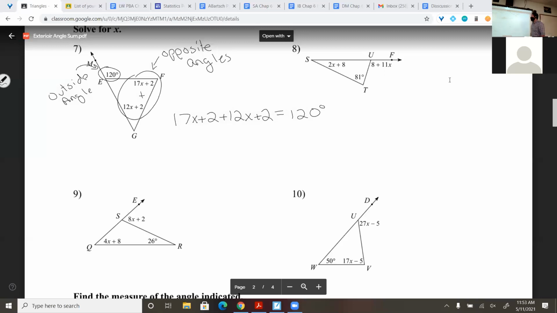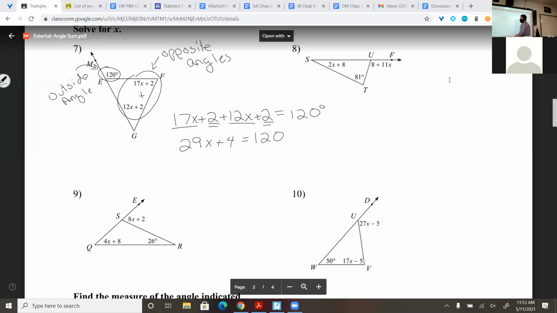And so to finish this problem off, you want to combine like terms. Combine constants and set it equal to 120. From there, you can solve.